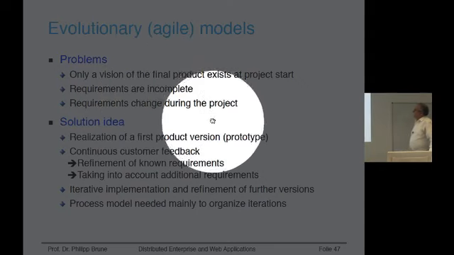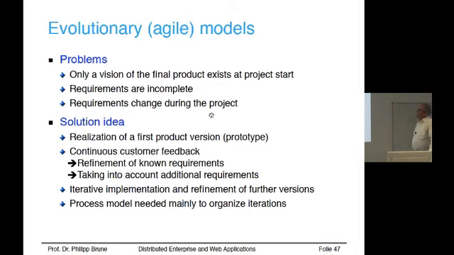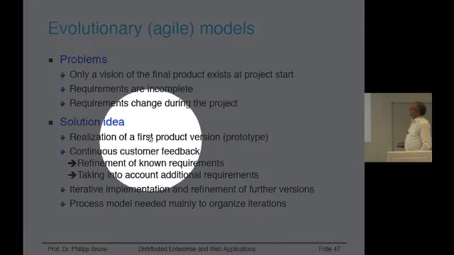And the fundamental original idea of the agile methods was to go away from this idea that we can plan things and write a paper before we implement something. So the idea is we realize a first product version, which we call a prototype.